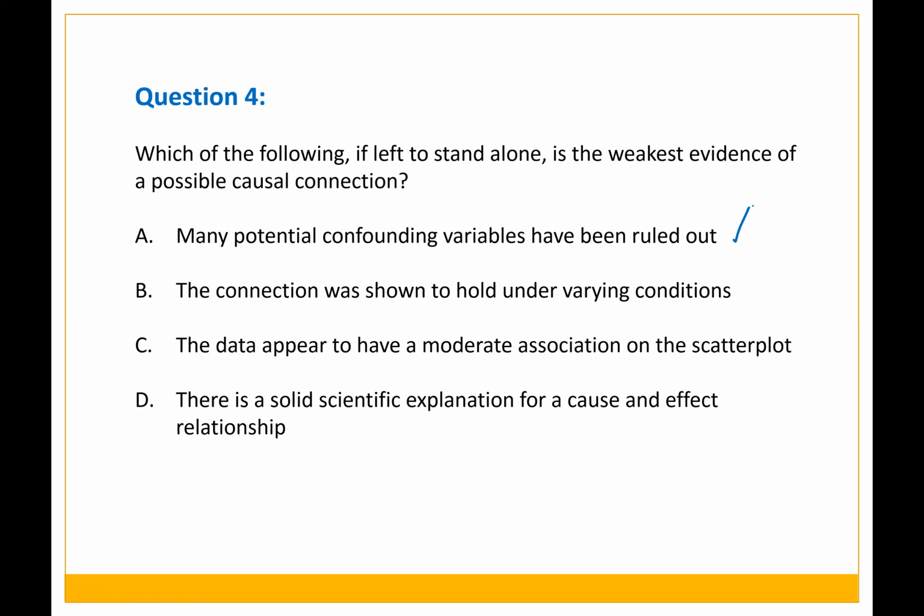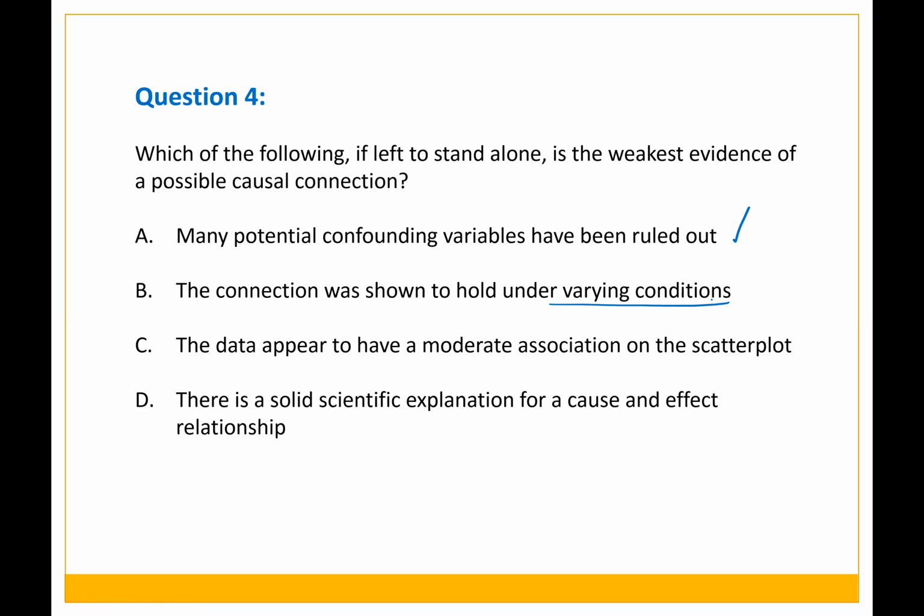B, the connections were shown to hold under varying conditions. Which is again also strong evidence because now the connection holds in many circumstances, and so there must be a relationship between two variables because other variables that can affect it may change, but the relationship is still there.